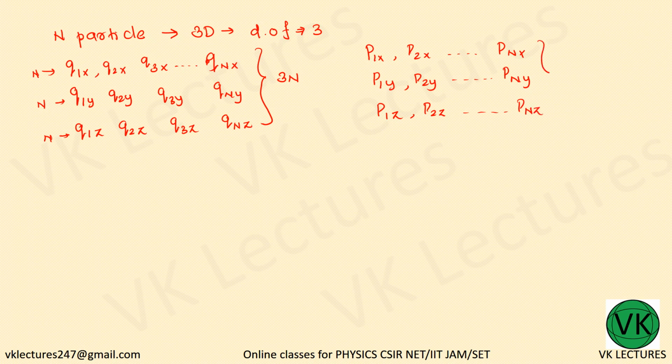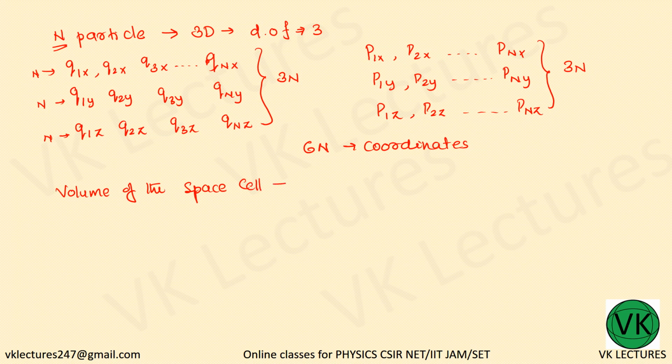And these also give you 3n number of momentum coordinates, and together you will have 6n coordinates. To describe an n particle system, you need 6n coordinates. Now coming to the volume of the space cell, for a single space cell, you will have h cube.